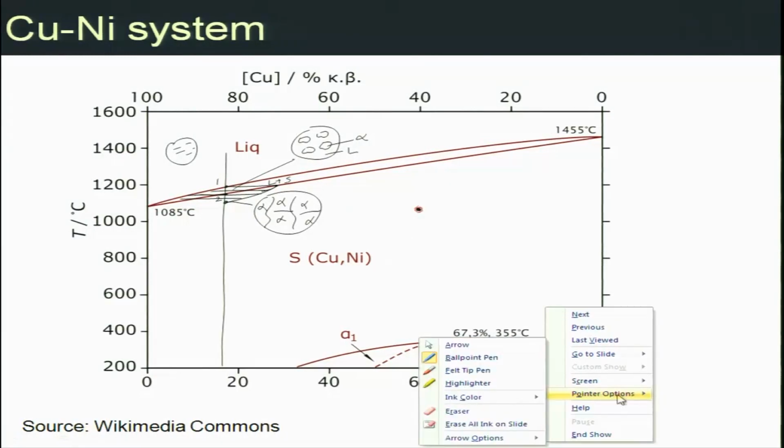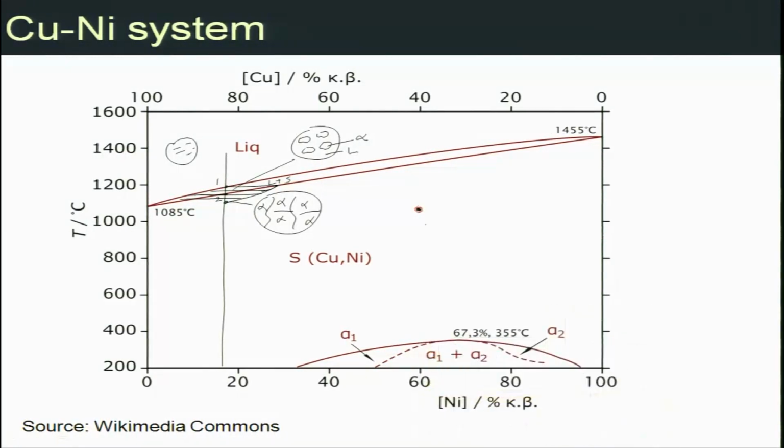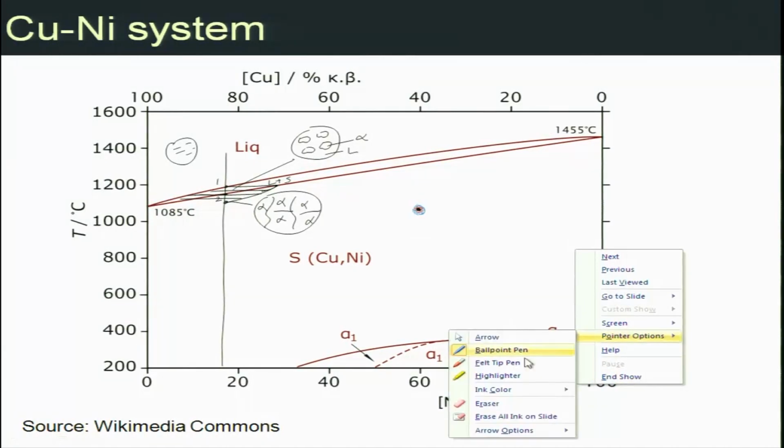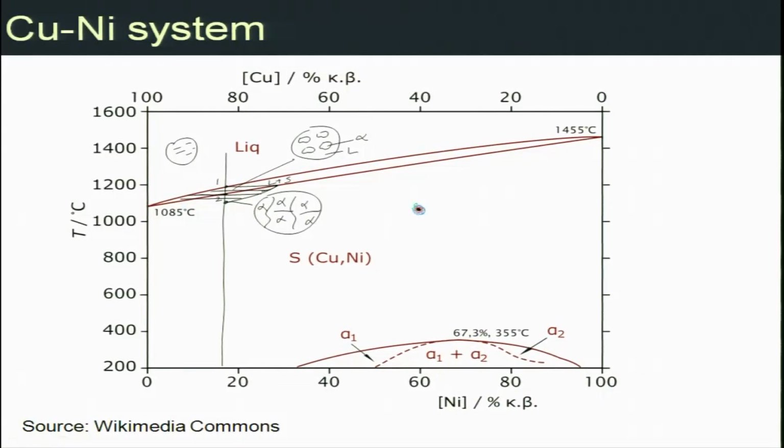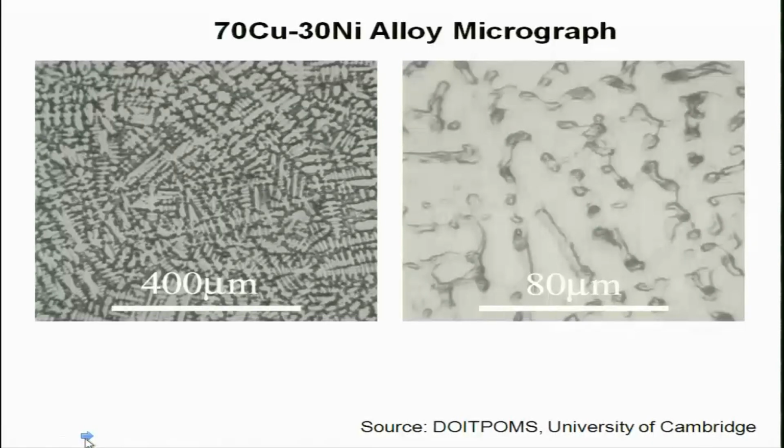After this you will form another alpha which will have a different composition, let's say this composition, and this will keep going on until your cooling is over. So you will have these multiple layers of compositions, and these layers of compositions will give you the contrast in the optical microscope as a result.